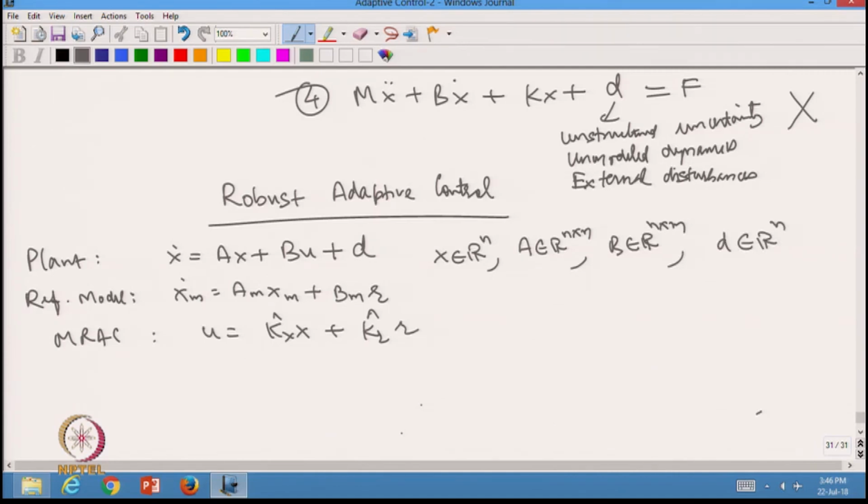All we know about this disturbance term D is that it is uniformly bounded, with norm of D less than or equal to D bar, and D bar is a positive constant. Here A m and B m have appropriate dimensions. A m is Hurwitz and R is a bounded reference signal. We also follow the matching conditions, so I am not going to write that again.